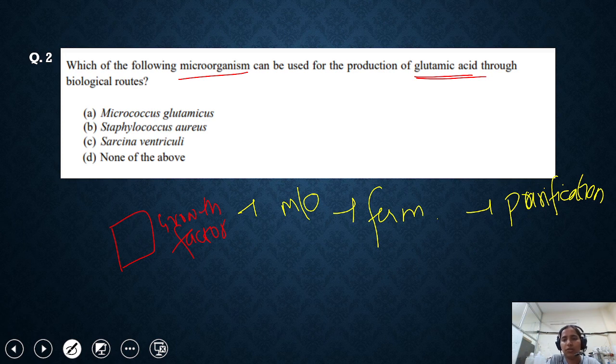You must know all those things. This is a really important microorganism. For the production of glutamic acid, Micrococcus glutamicus is used. So for this question the answer is A.